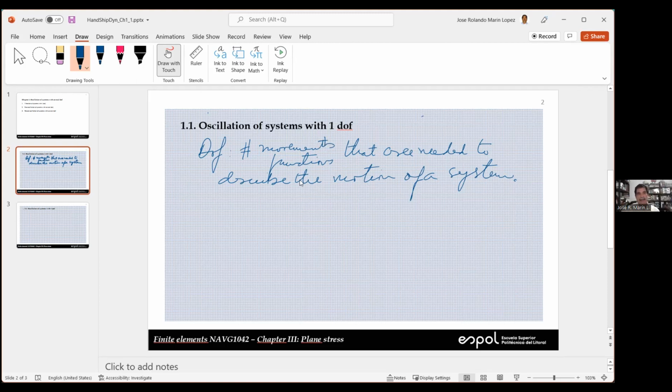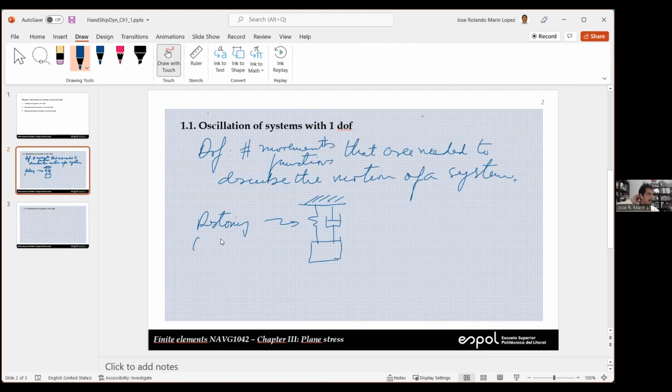Okay, and the way we summarize this, remember, is using this classical sketch. So we have a restoring spring in this case.